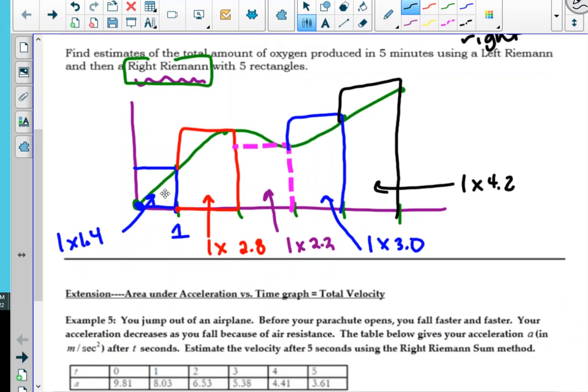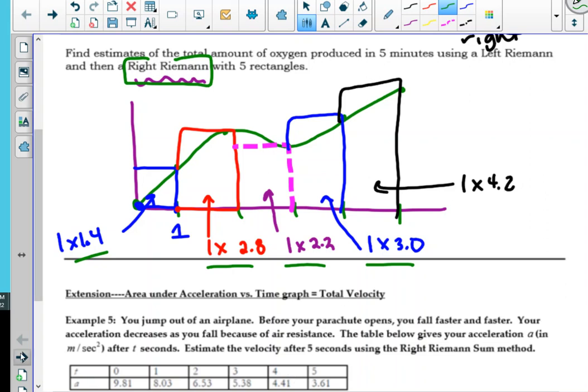And so you'll notice I've got a lot of the same calculations as the last time. I just have one that's different, the 1 times 4.2.